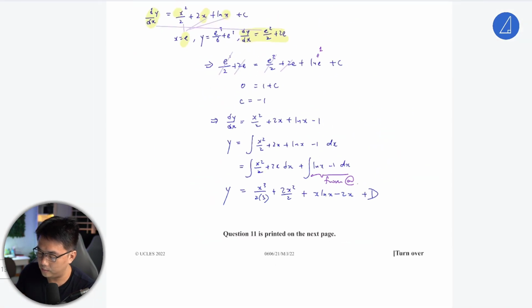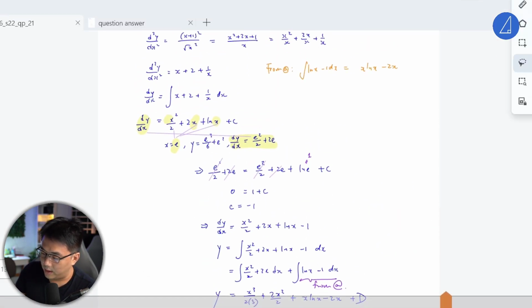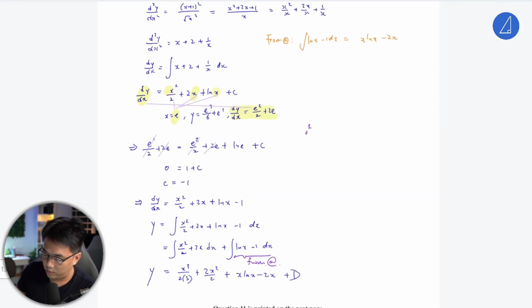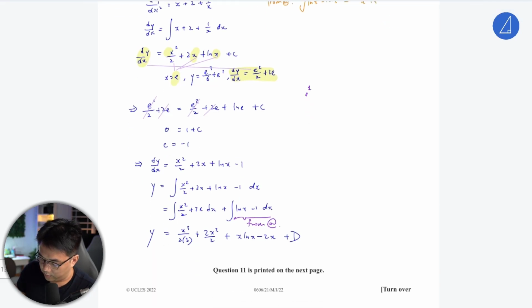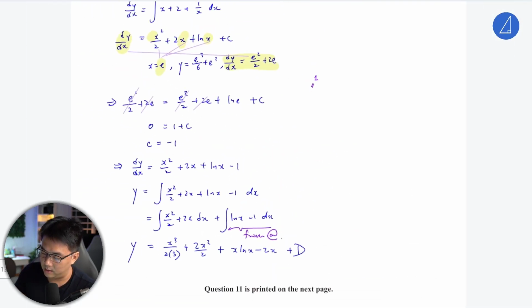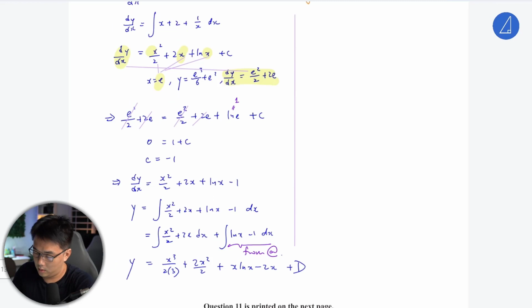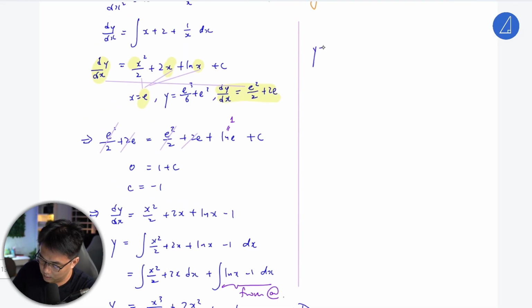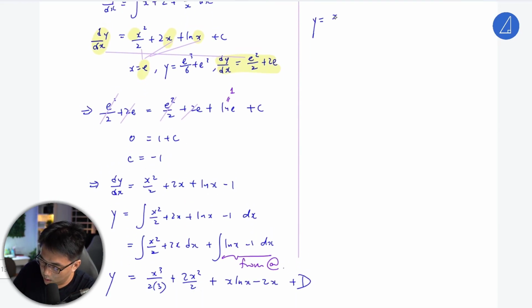Now we can solve for d, which is the important thing. We copy this: y equals x cubed over 6, since 3 times 2 is 6, plus x squared plus x ln x minus 2x plus d.